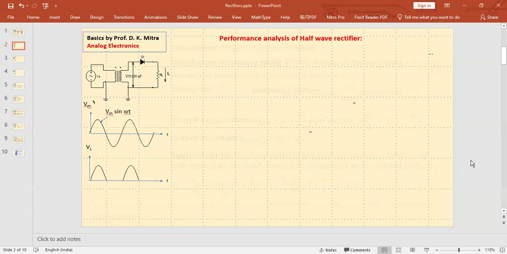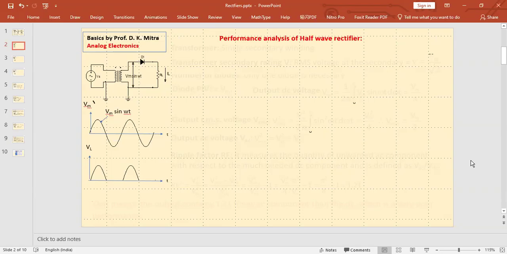Morning, students. Today we shall see the performance analysis of the half-wave rectifier, as you see in the title. In our last lesson, we have seen how a half-wave rectifier, a full-wave rectifier, or a bridge rectifier works.